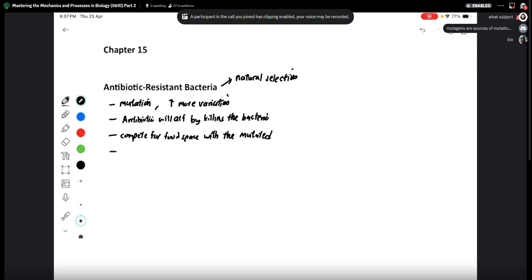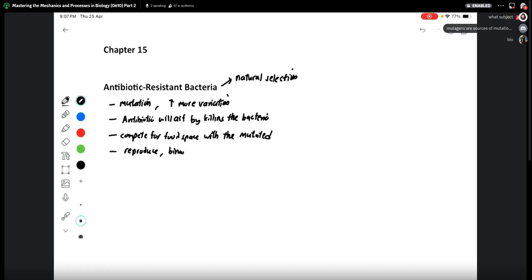They will reproduce, and bacteria reproduce by binary fission. And then lastly, after success, the alleles are passed to the offspring. That's it. Okay.